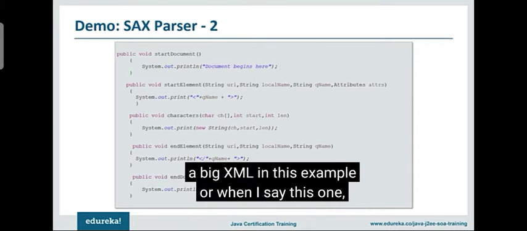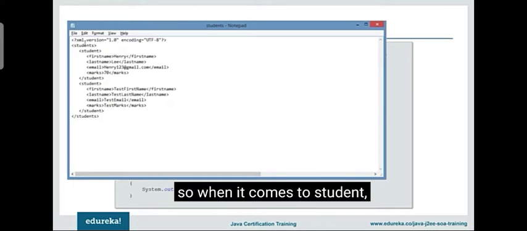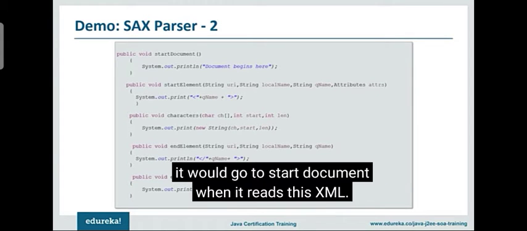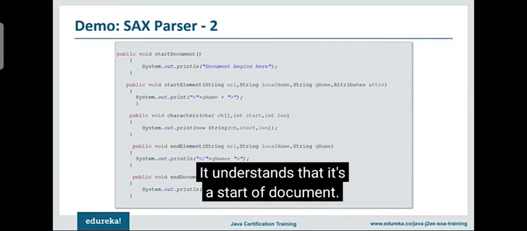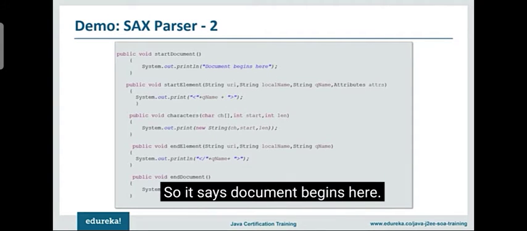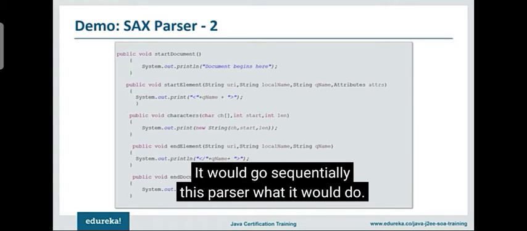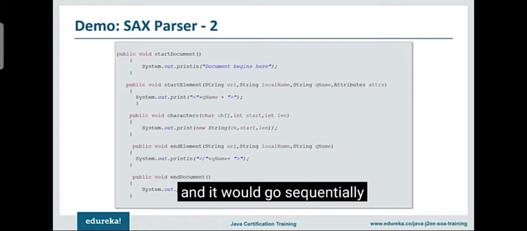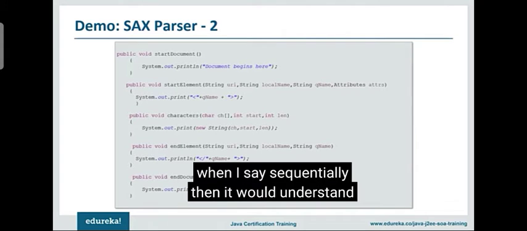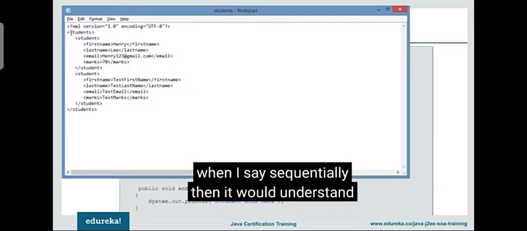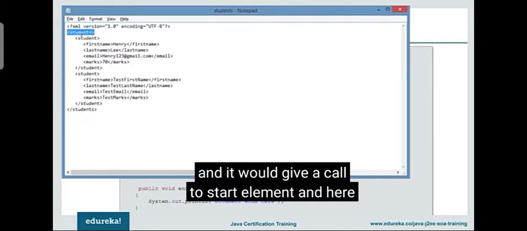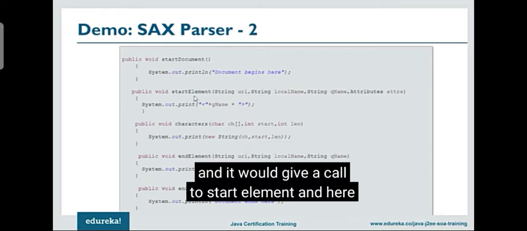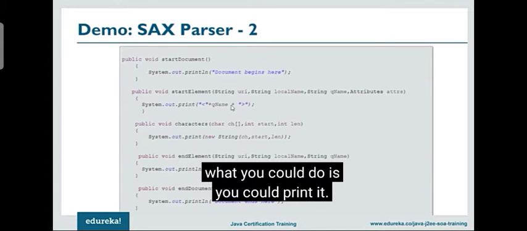When you give a big XML, in this example, when it comes to student, which is your root node, it would go to startDocument. When it reads this XML, it understands that it's the start of the document, so it says the document begins here. It would go sequentially. This parser would read this entire file sequentially. When it understands that there's an element, it would give a call to startElement. And here what you could do is print it.